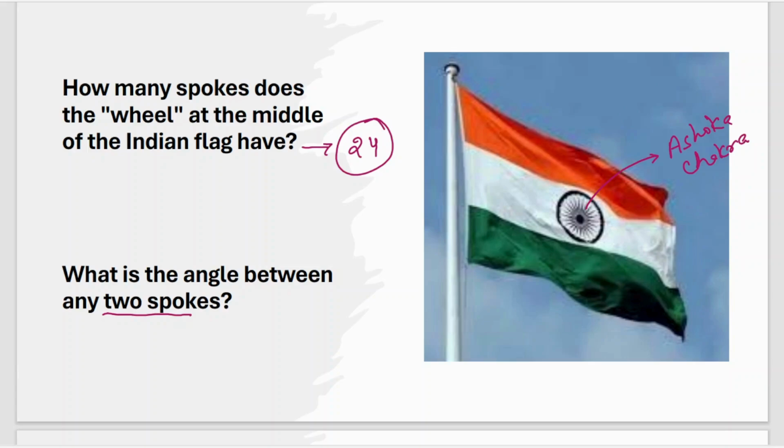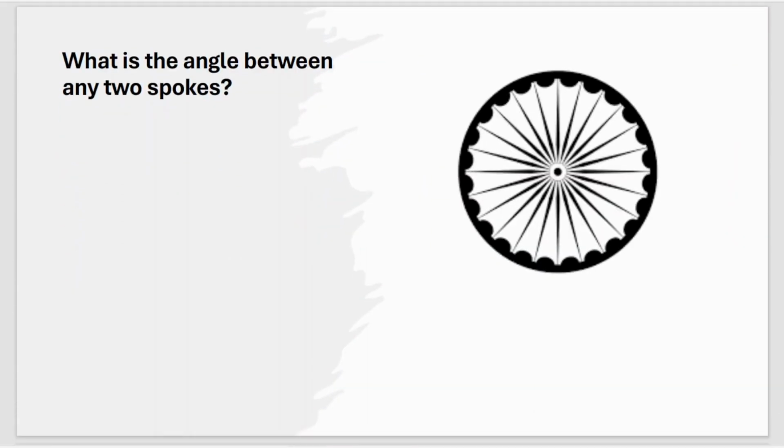So how will you calculate? Let's see. So we have got our Ashoka Chakra and we know we have 24 spokes here. So how to find the value of theta? That means how to find the value of angle between any two adjacent spokes. So we can write theta equal to 360 degree divided by number of spokes.